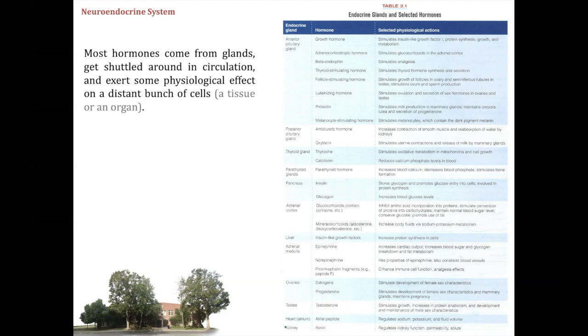Now, again, most hormones come from glands, but atrial natriuretic factor or peptide comes from the heart. So we have something coming from the heart, and from the liver, insulin-like growth factor, and it's not the only one, renin from the kidney. But that's not the only spot you're going to get IGF from.